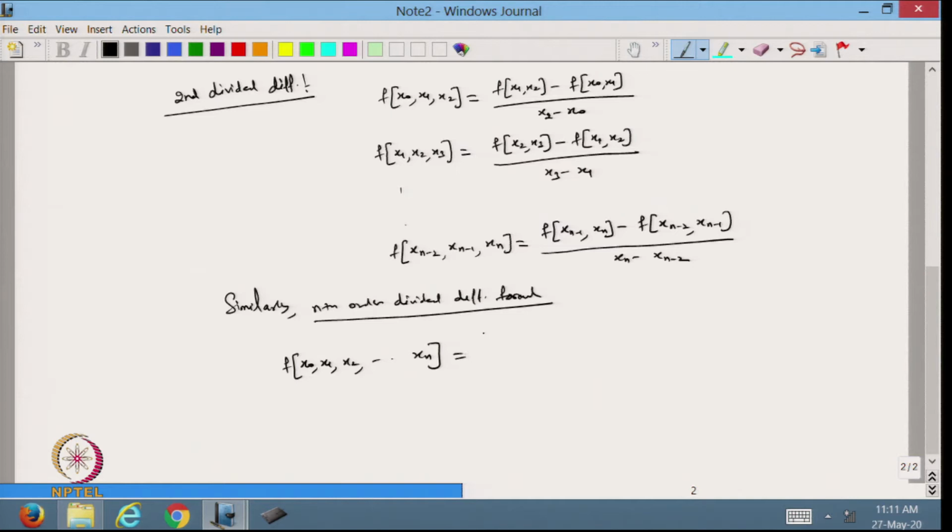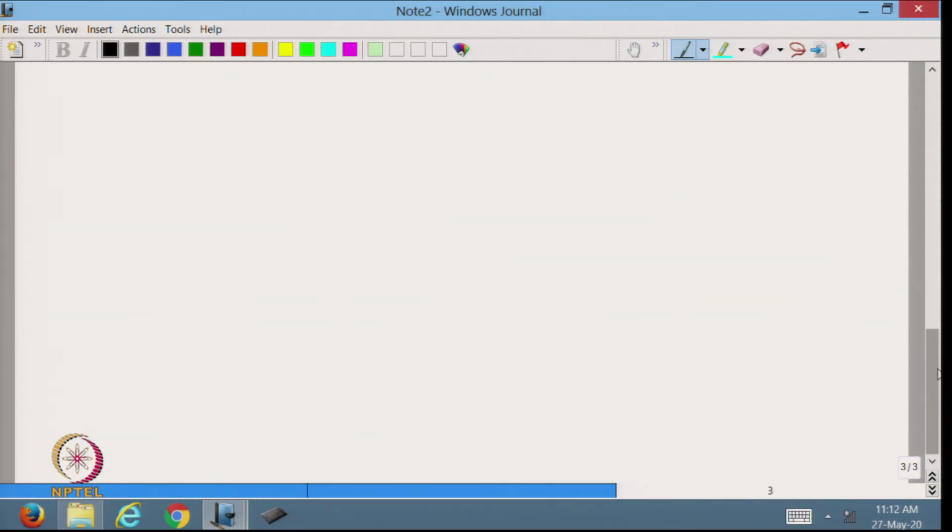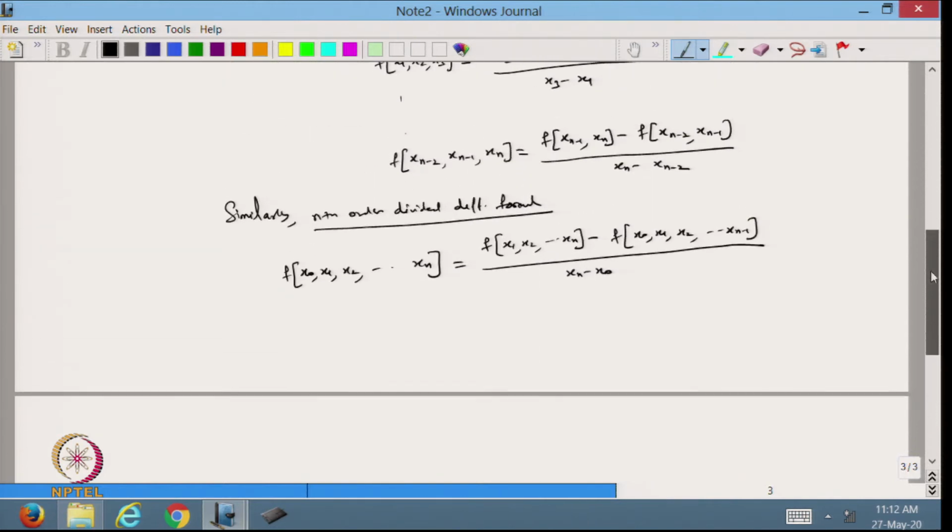That can be written as the n minus 1th order divided difference formula: f[x1, x2 up to xn] minus f[x0, x1, x2 up to xn minus 1], divided by xn minus x0. So based on this I can define all these divided difference formulas.